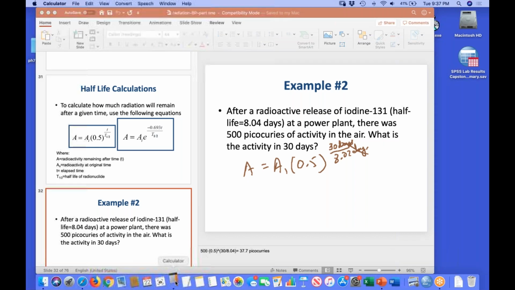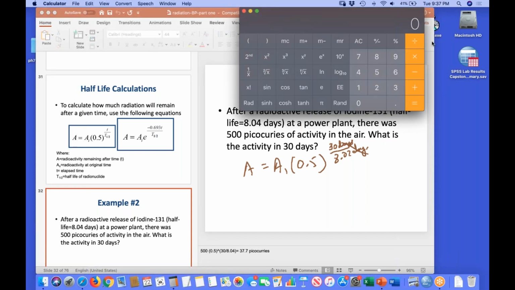My calculator. So that is 30. Let me clear out my memory here in case I've used this before. I'm going to switch out of the pen. Okay, clear. So 30 divided by 8.02.